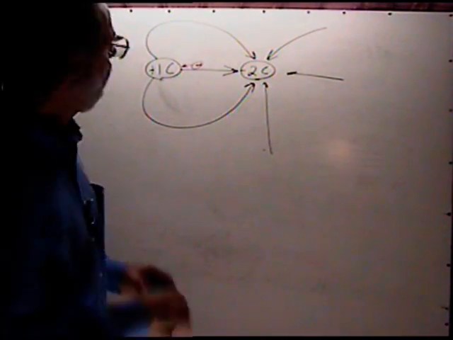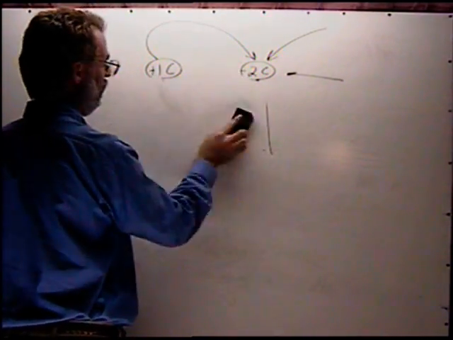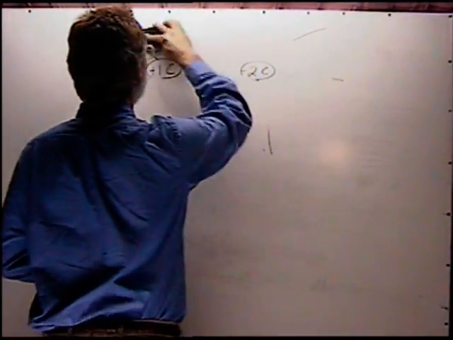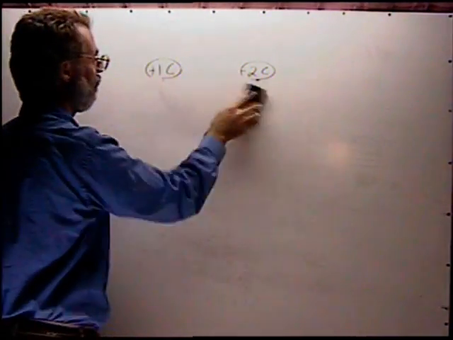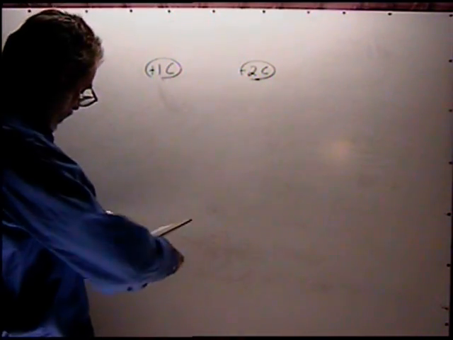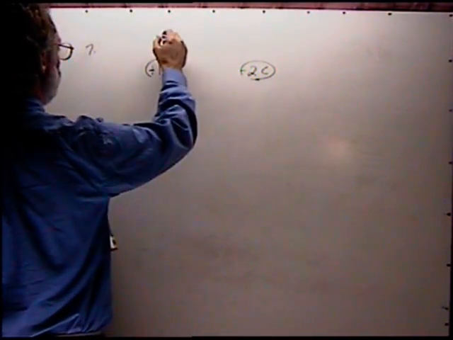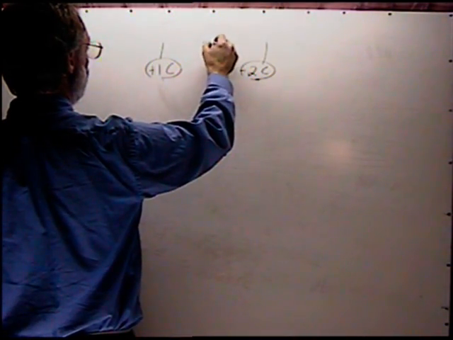Okay. Calculate. Now the question says, in this problem, the separation distance from here to here is 2.5 meters.